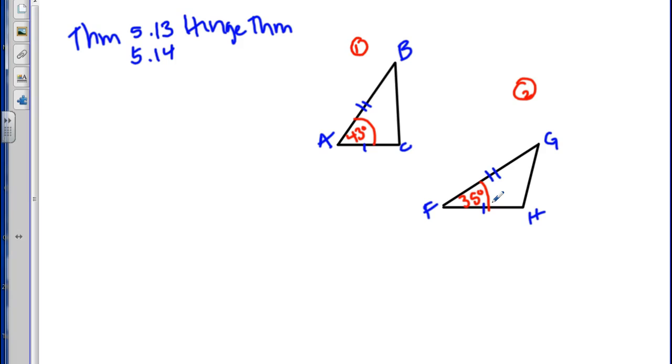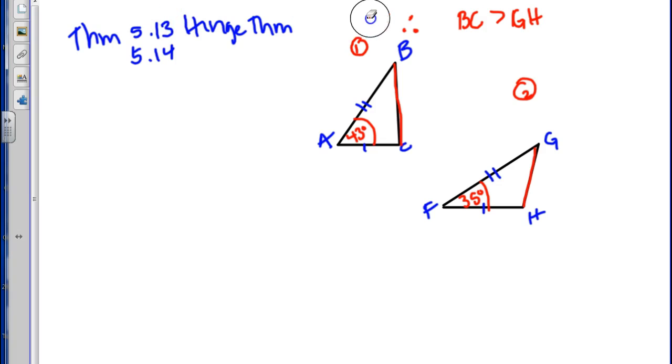All right, so here's the deal. Whichever angle is bigger, the opposite side is larger. So 43 is bigger than 35, so that tells me that side BC is larger than side GH, because angle A is larger than angle F. So the measure of angle A, that looks really weird, doesn't it?